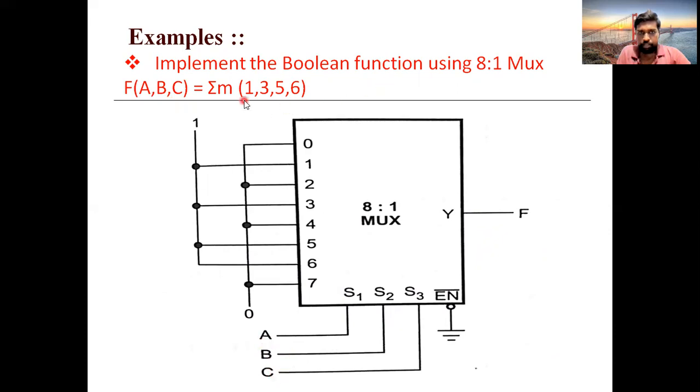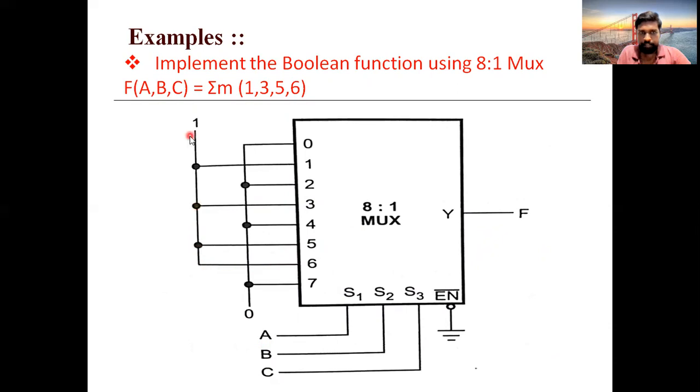And you should connect the given minterm numbers, the given pins, with 1. Why? Because it is SOP. Suppose if POS is given, you should connect all these with 0. As it is SOP, connect the given numbers with 1: 1, next 3, next 5, and then 6.